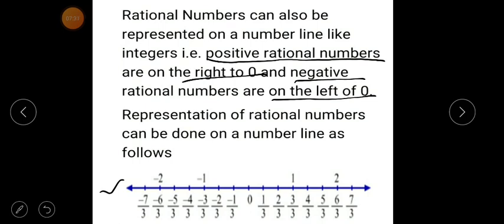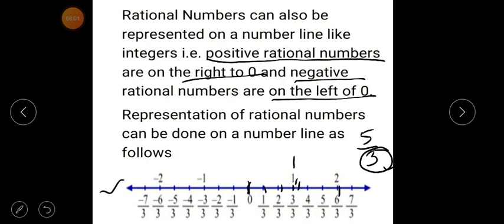We can see that this is the 0, 1 and 2. Whenever we want to place any rational number, suppose here we want to represent 5 upon 3. Now, as 3 is the denominator, we will mark 3 small equidistant parts between 0 to 1, that is 1, 2 and 3.